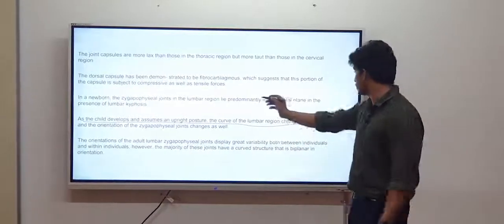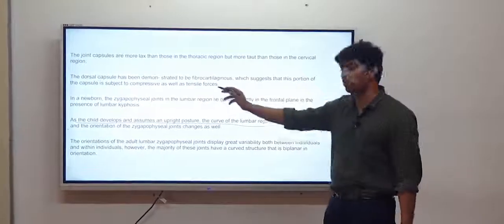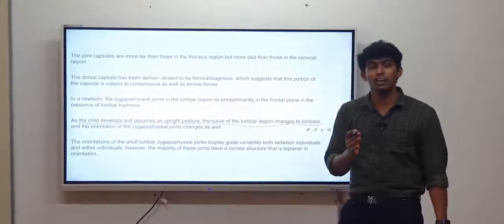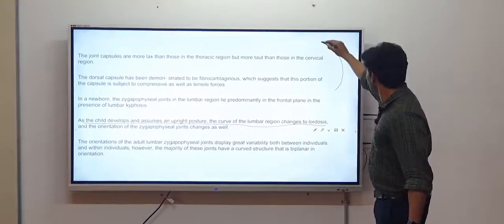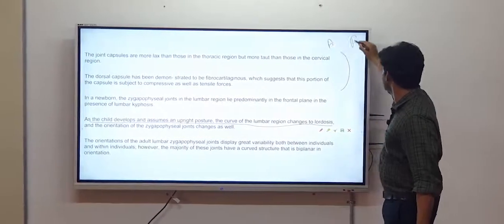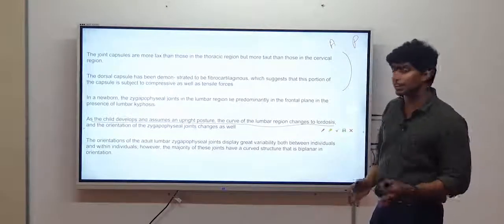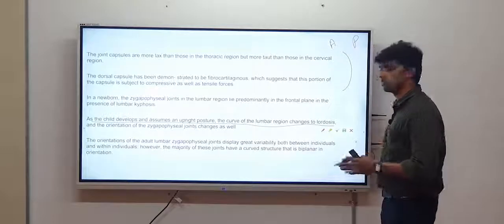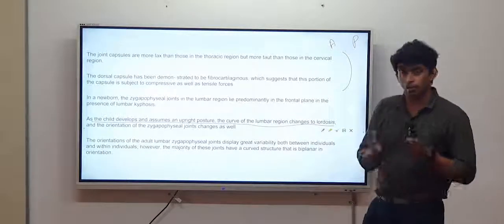So when a newborn's lumbar lies predominantly in the frontal plane in the presence of lumbar kyphosis, at first we will be having a kyphotic posture. This is anterior, this is posterior, this is a kyphotic posture. First of all, we will be having a primary curve, that is a kyphotic posture throughout the body, throughout the vertebrae, when you are getting a newborn.